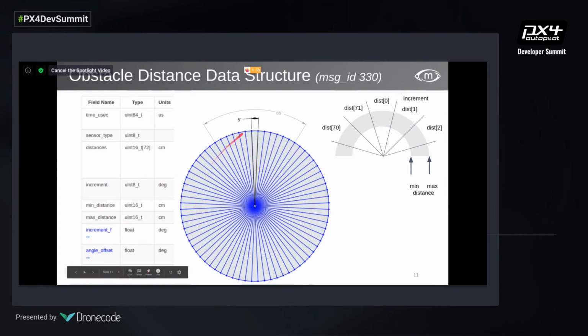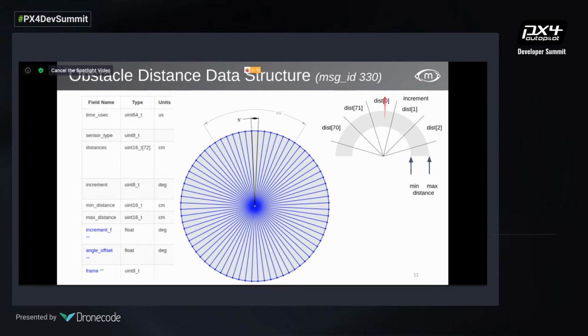For example, the stereo camera pair that I showed in the last video has a field of view of 65 degrees. If we split the 360-degree field of view up into 5-degree increments, then we're only going to use the center 13 of those. It's helpful to know that these distances and the array that contains them start pointing forward and then spin all the way around to the right.